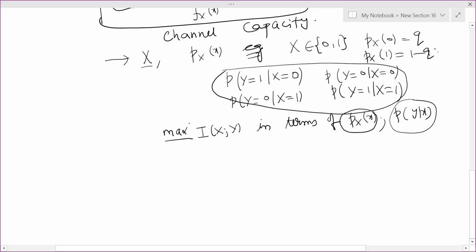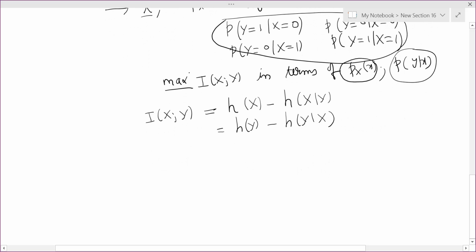Now the thing I want to repeat here is that in the case of continuous variables, I(X;Y) we can also write as the differential entropy of X minus the conditional differential entropy of X given Y, same as the differential entropy of Y minus the conditional differential entropy of Y given X. Recall the conditional entropy of Y given X in the discrete case, where X was characterized by probability mass function p_X(x), Y by p_Y(y), and they are jointly characterized by the joint distribution p_XY.